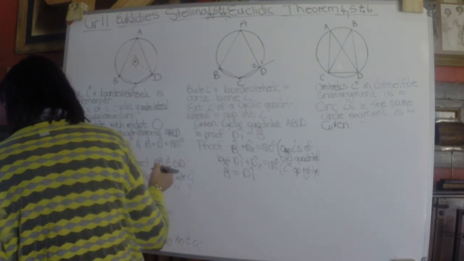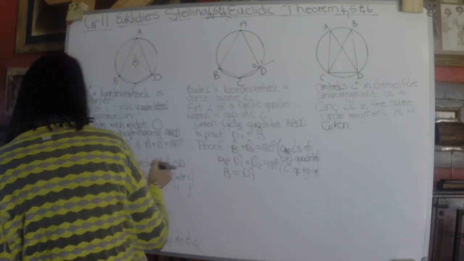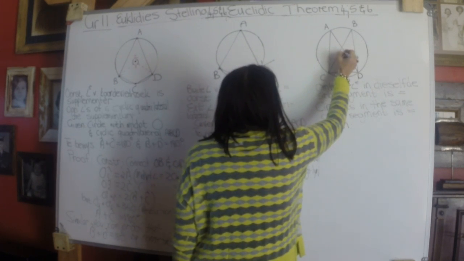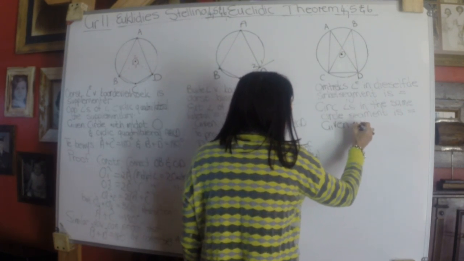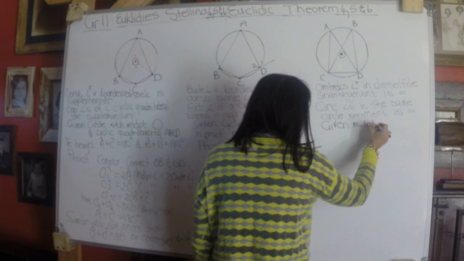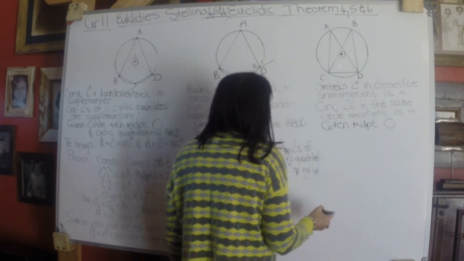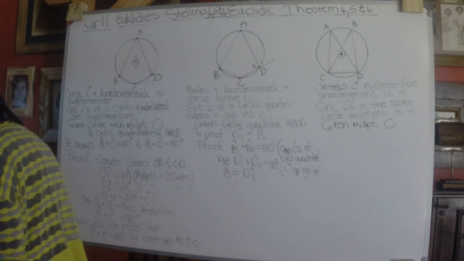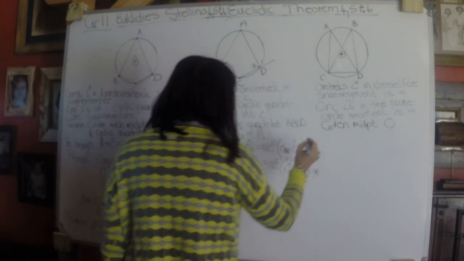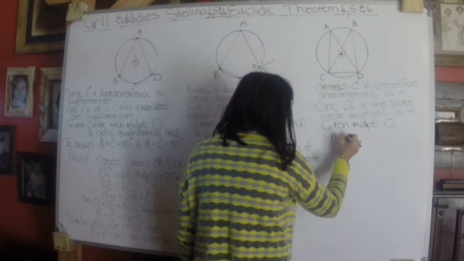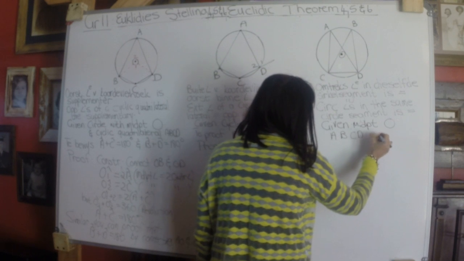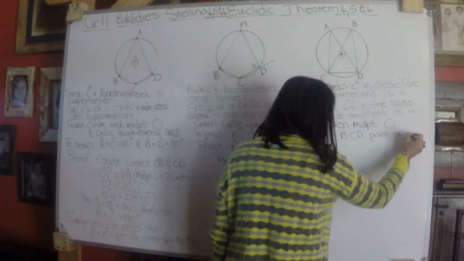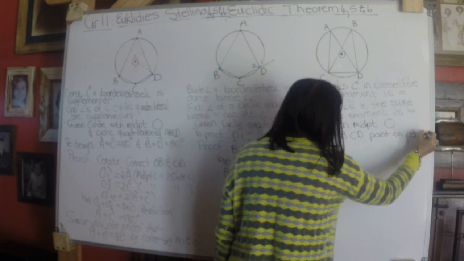Let's put in a midpoint O. That must be there. And then we've got ABCD, all points on the perimeter. That's also been given.